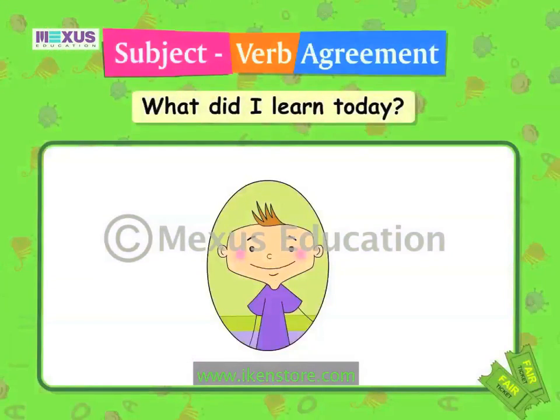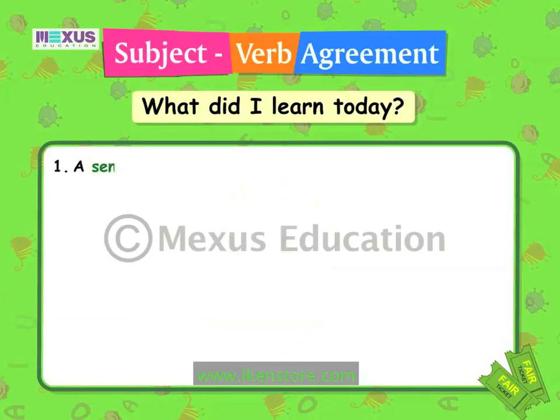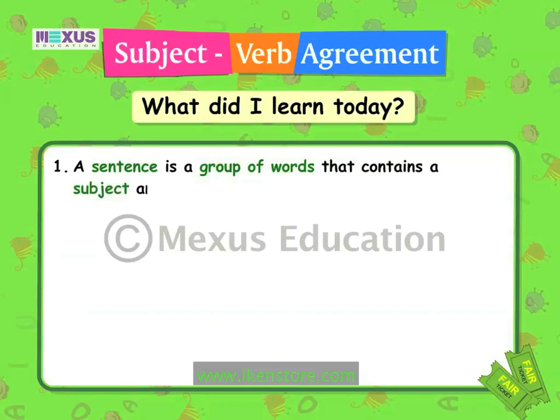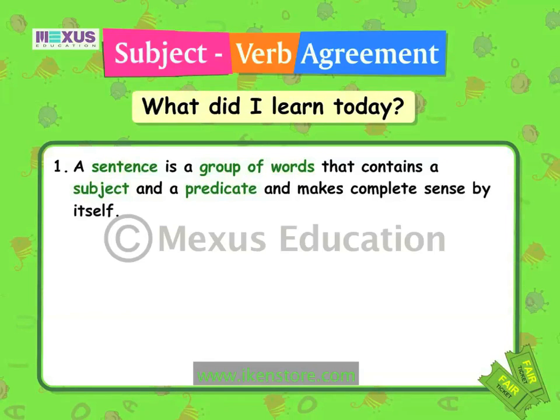I'm so happy now that Zizi is coming to the fair with me. Before I leave, let's go through all the points we have learned in the lesson on subject-verb agreement. A sentence is a group of words that contains a subject and a predicate and makes complete sense by itself.